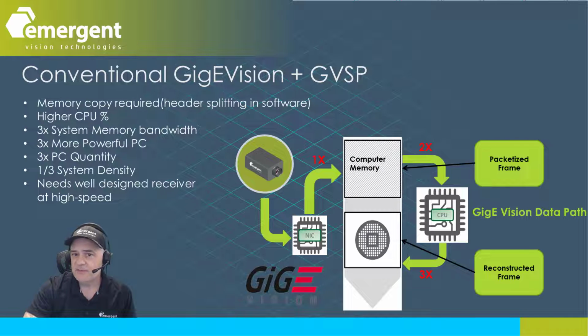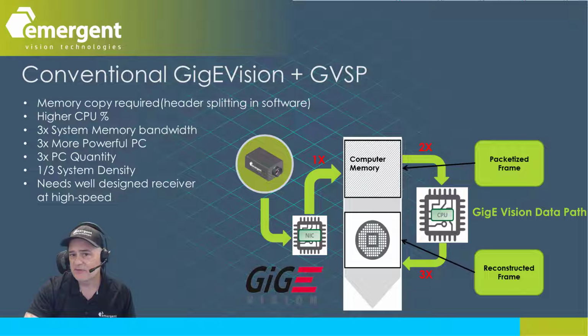Conventional GVSP uses header splitting in software to strip the headers off the GVSP packets and place the image data from the payload packets into a contiguous memory buffer. This process raises CPU usage, but more importantly eats up 3 times your system memory bandwidth usage over a zero-copy implementation.